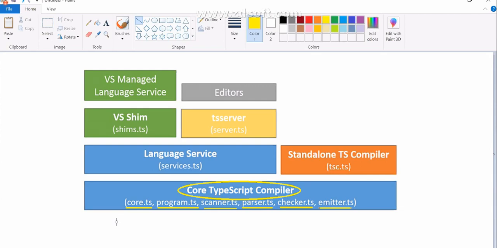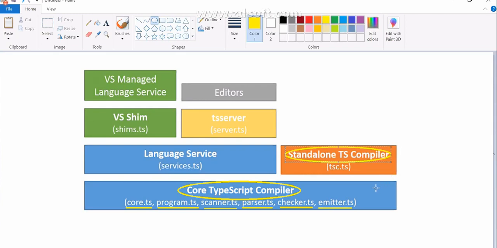After verifying the problems in your code, the TypeScript code is ready, but browser can't understand it. That is the reason TypeScript uses another compiler called the standalone compiler.